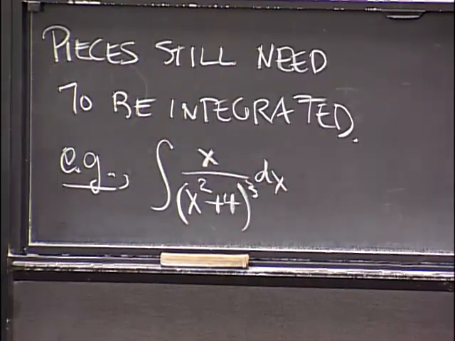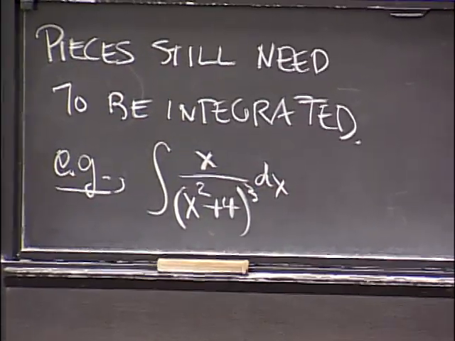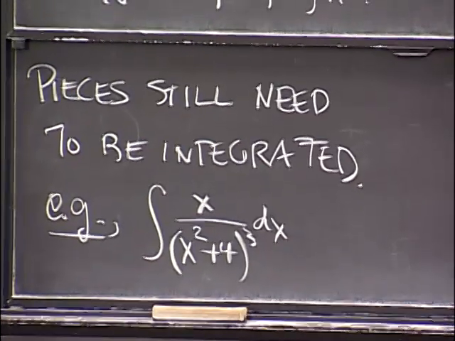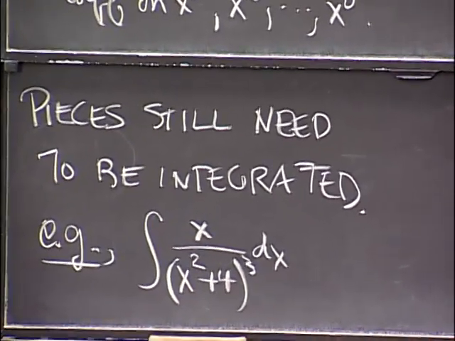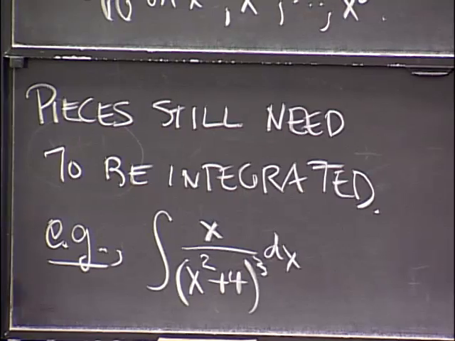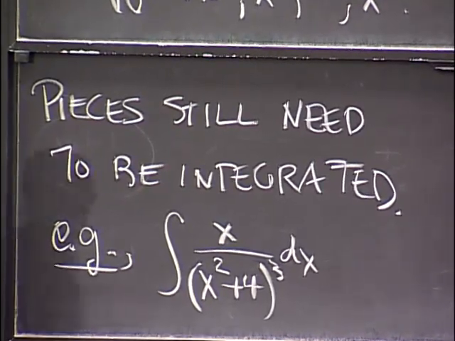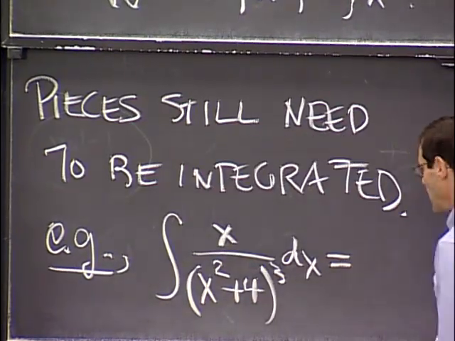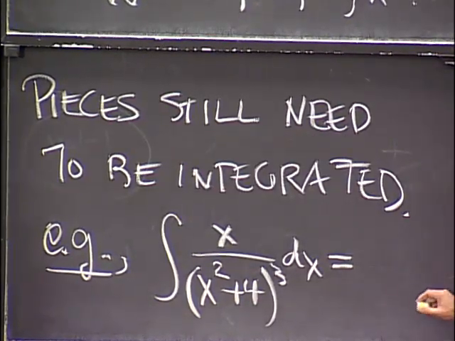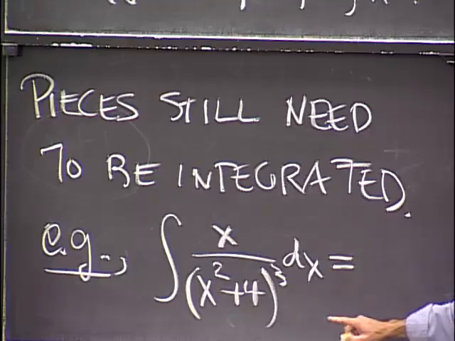I've got to get this antiderivative here. Now, this one you're supposed to be able to know. This is why I'm mentioning this, because this kind of integral is something you already covered. And what is it? Well, you do this one by advanced guessing, although you learned it as the method of substitution.